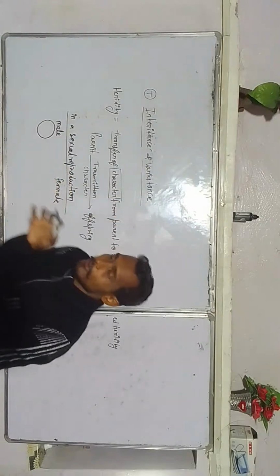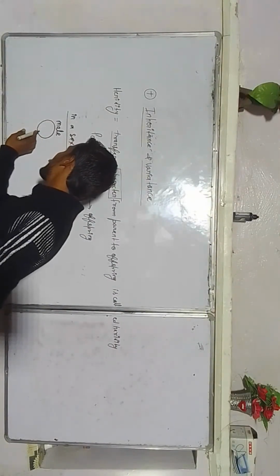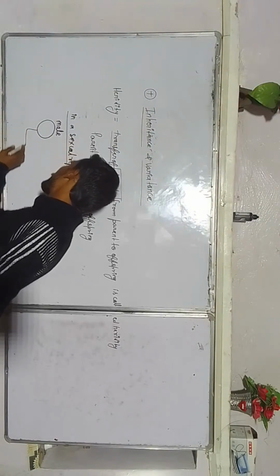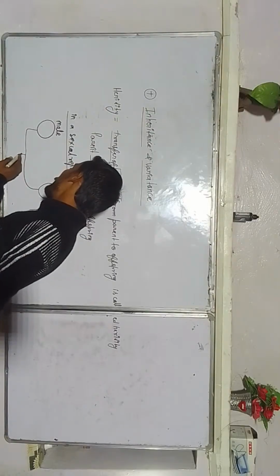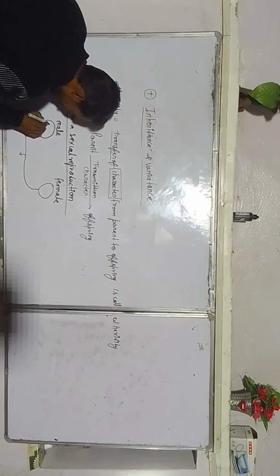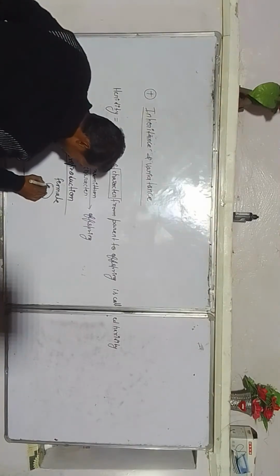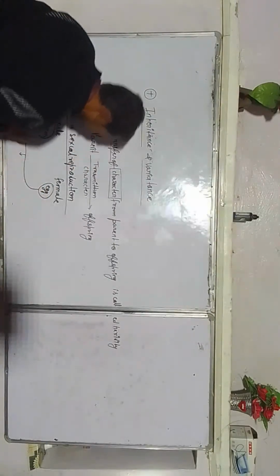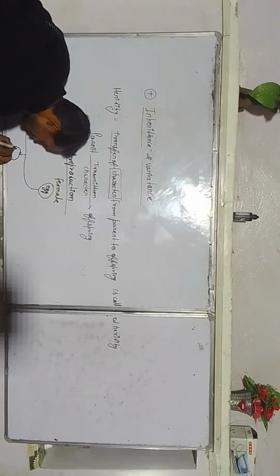A character comes from the male and a character comes from the female, both in the form of gametes, sperm and egg. Sperm and egg combine to form a new zygote.